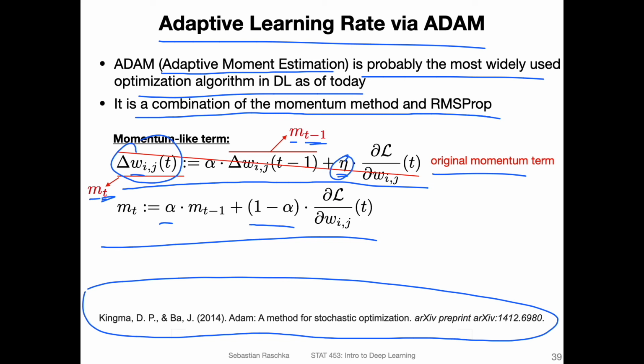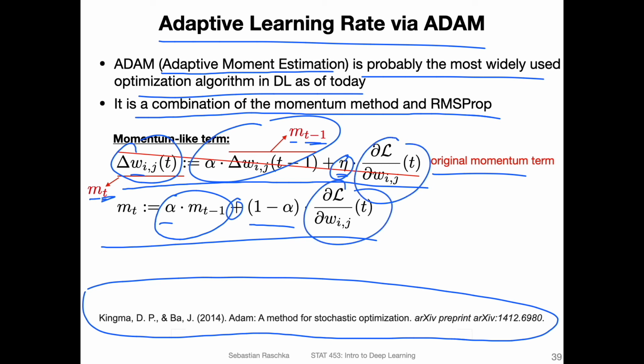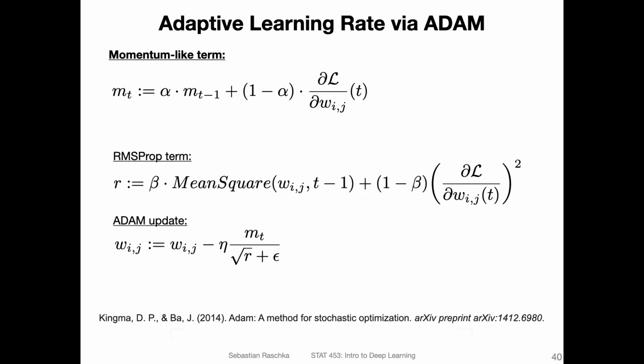But you can see how similar it is, right? So we have both alpha times m, and we have plus the gradient, the same thing, except again, the only difference is here we have the learning rate, and here we have 1 minus alpha.